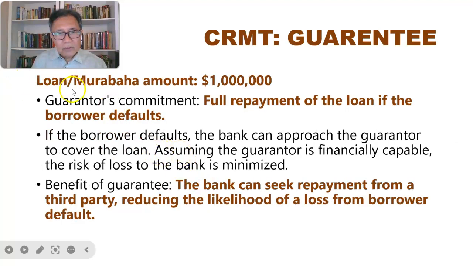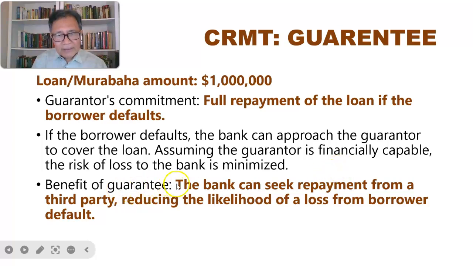So if the loan or murabaha amount is 1 million, the guarantor will make full repayment of the loan if the borrower defaults. So if the borrower defaults, the bank can approach the guarantor to cover the loan, assuming that the guarantor is financially capable. The risk of loss to the bank will be minimized.